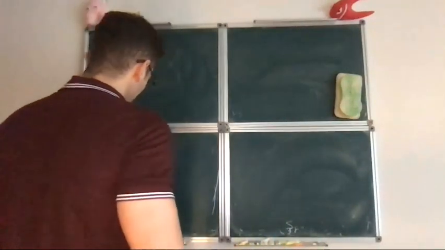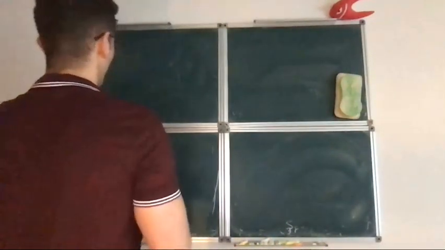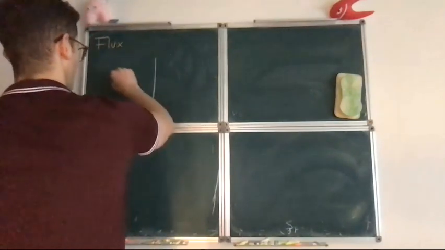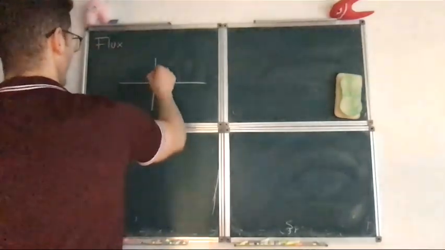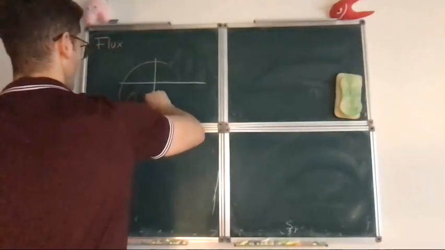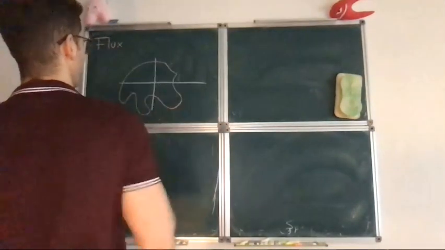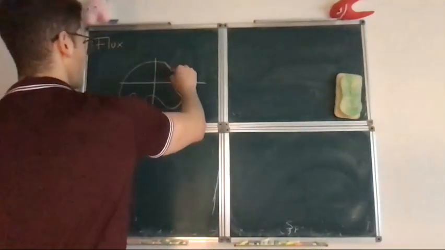Let's recall how we were thinking about work. Imagine that you had a curve, which for now I'll think of as a closed curve. So you have a closed curve here.